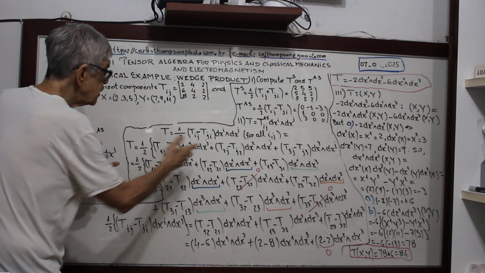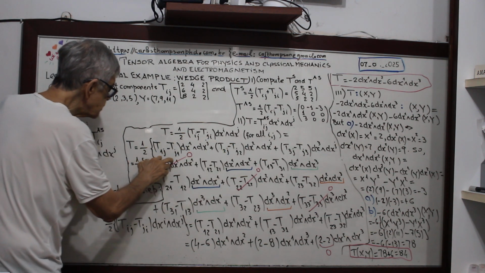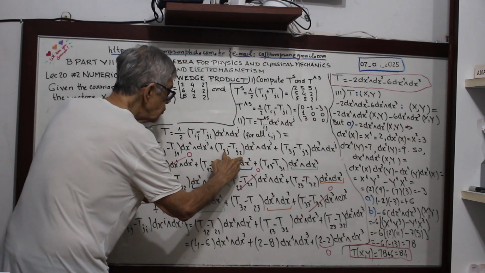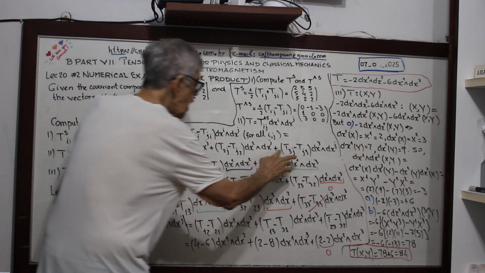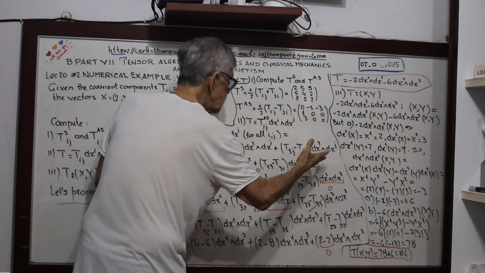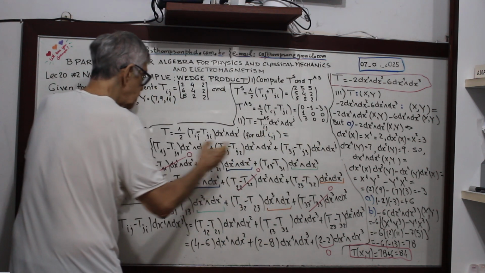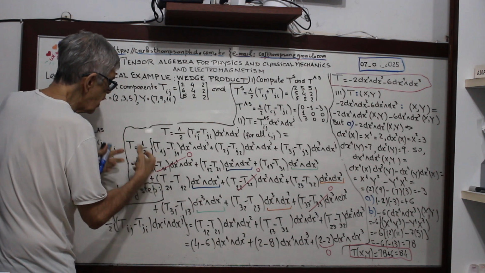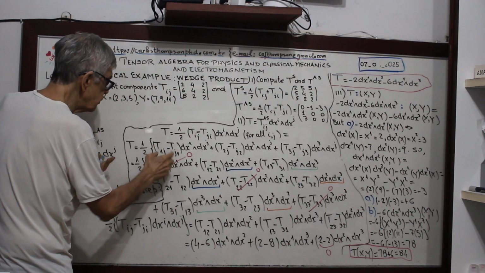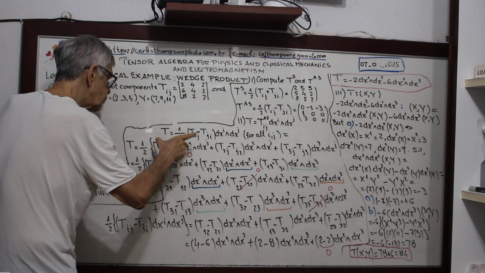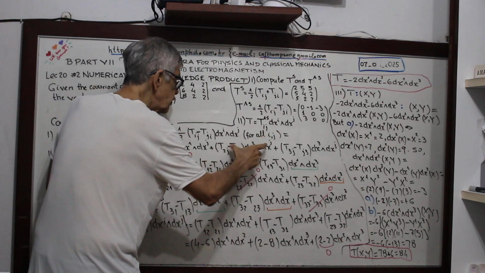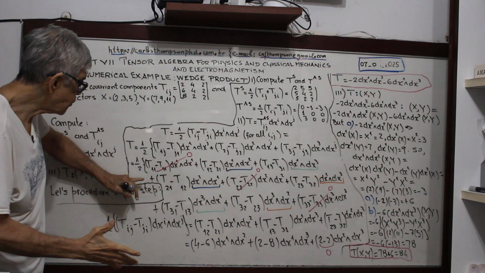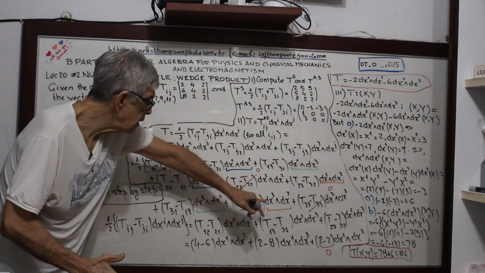For i equals 1, I repeat j. i equals 2, I repeat j. i equals 3, I repeat j. Then for each term I sum over j. This will have 3 terms, this will have 3 terms, and this will have 3 terms. I just wrote all of them right here.